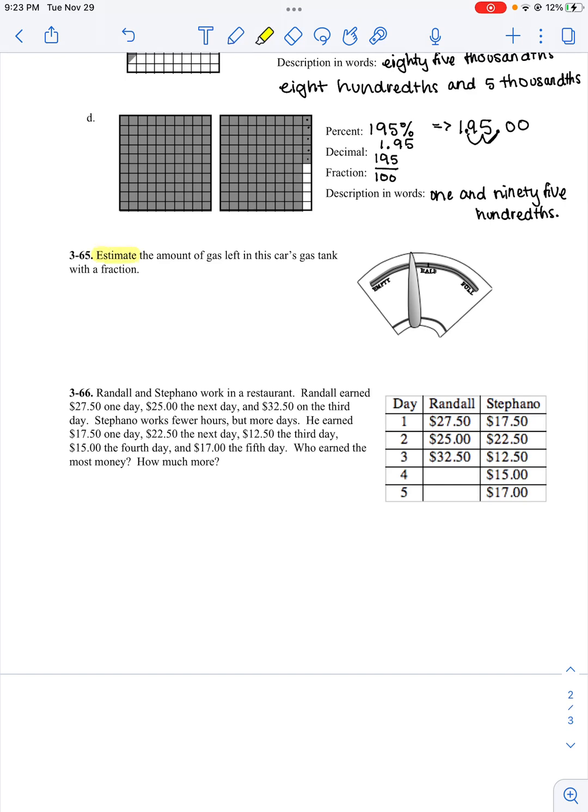Problem 65, I'm estimating the amount of gas left in this car's gas tank with a fraction. Okay. So with my gas tank, my halfway point, this is half. It's just below half. This is full, this is my 1, empty is my 0.